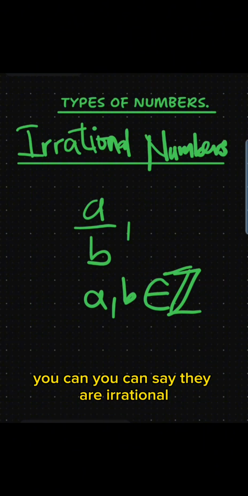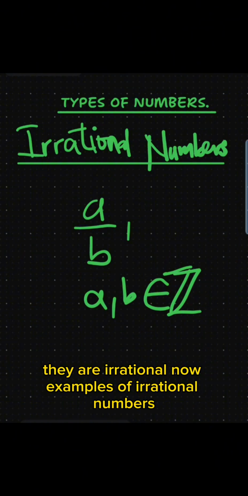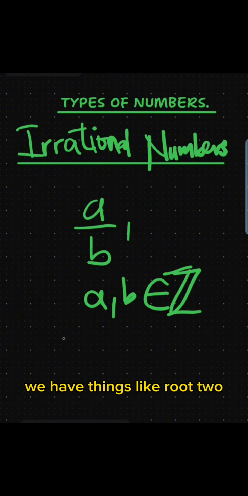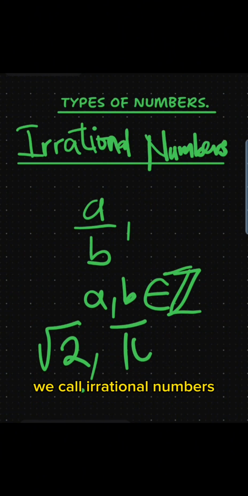You can say they can exist in the form of decimals, but not like fractions, not like rational numbers. They are irrational. Examples of irrational numbers are things like root 2 and the constant pi. These are the type of numbers we call irrational numbers.